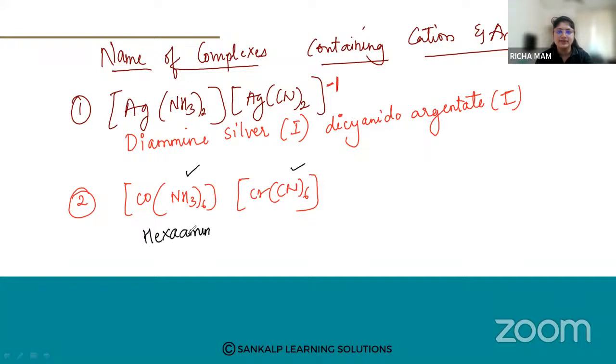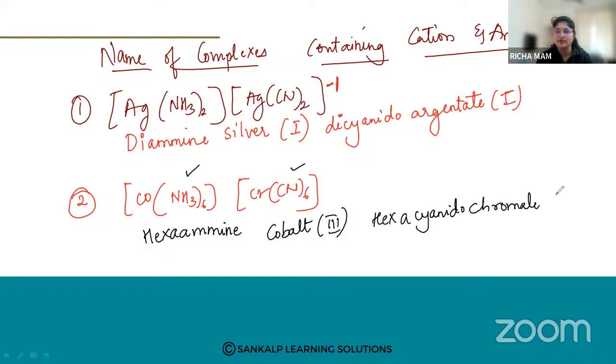Hexaamine cobalt 3 hexacyanido chromate 3. So whenever you have complexes containing both cation as well as anion, you write the names of the cation and anion in a continuous manner. Is it clear, students?